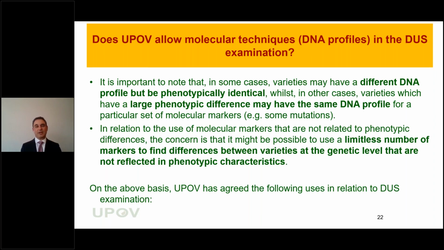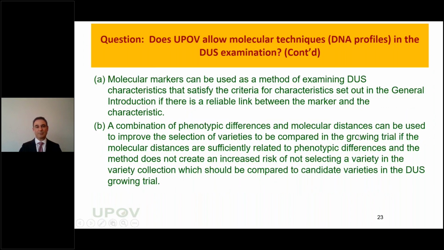Also, in relation to the use of molecular markers that are not linked necessarily to the expression of a phenotypical characteristic, it could be possible to use a large, eventually limitless number of markers to find differences between varieties at the genetic level, which may not be seen and observed at the phenotypic level. So on this basis, UPOV agreed two models for which molecular markers could be used in DUS examination.